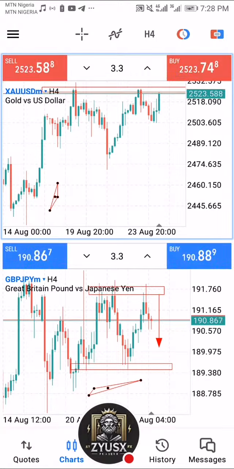So what I want you guys to do is, if you are trading a smaller account, don't be really focused on your rewards now. If you are trading $100, $200, don't be really focused on the money.